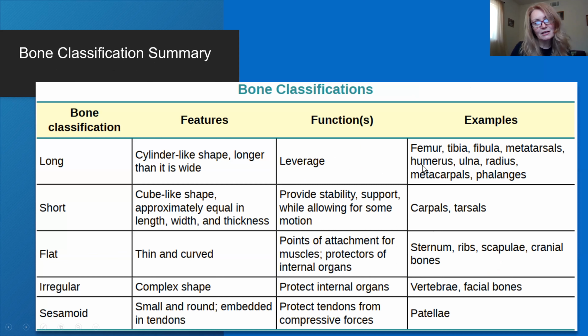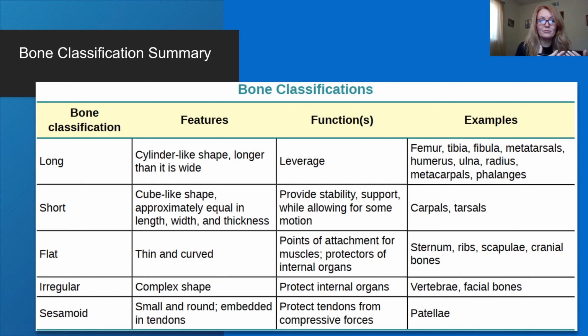So here are the diagrams that I mentioned before. Long, short, flat, irregular, sesamoid: 5 categories. And because of their different shapes, they have slightly different functions. Remember, we talked about the complementarity principle. This is when shape and function are interconnected.